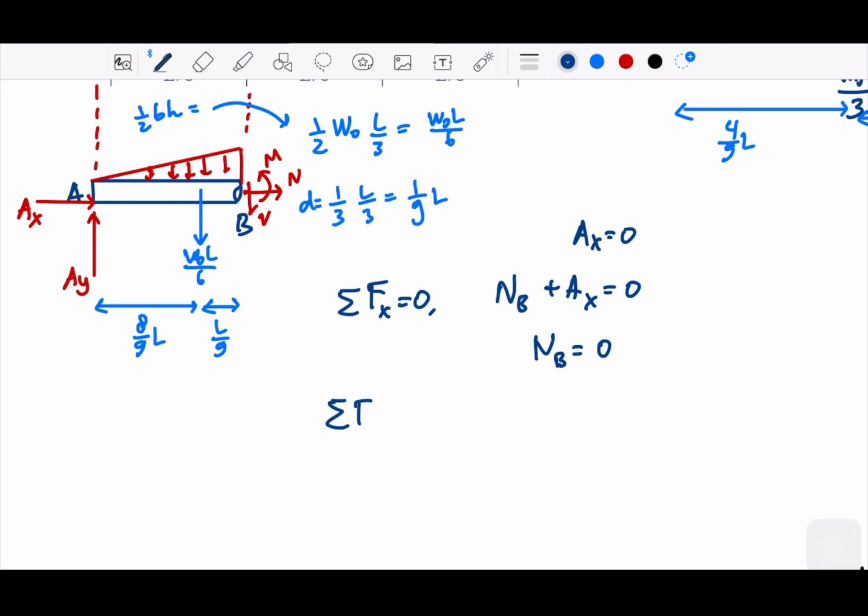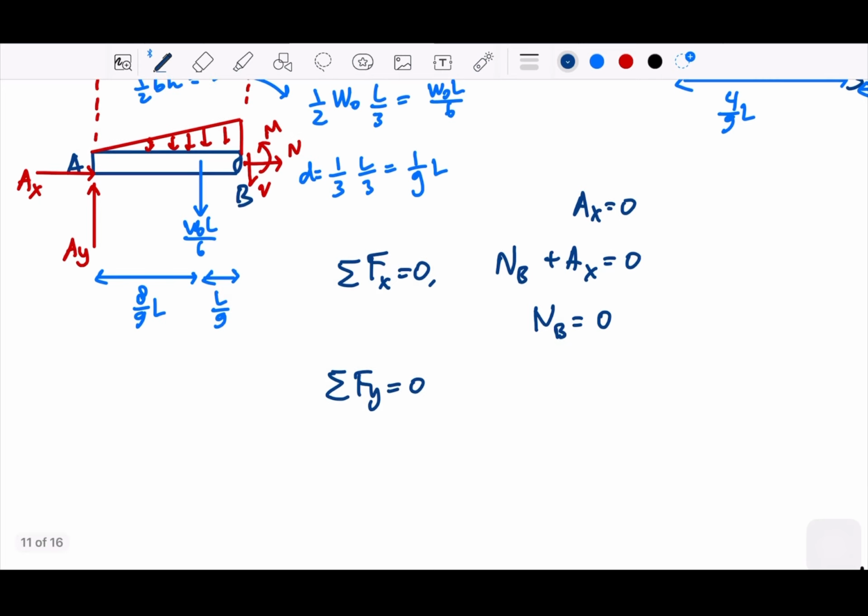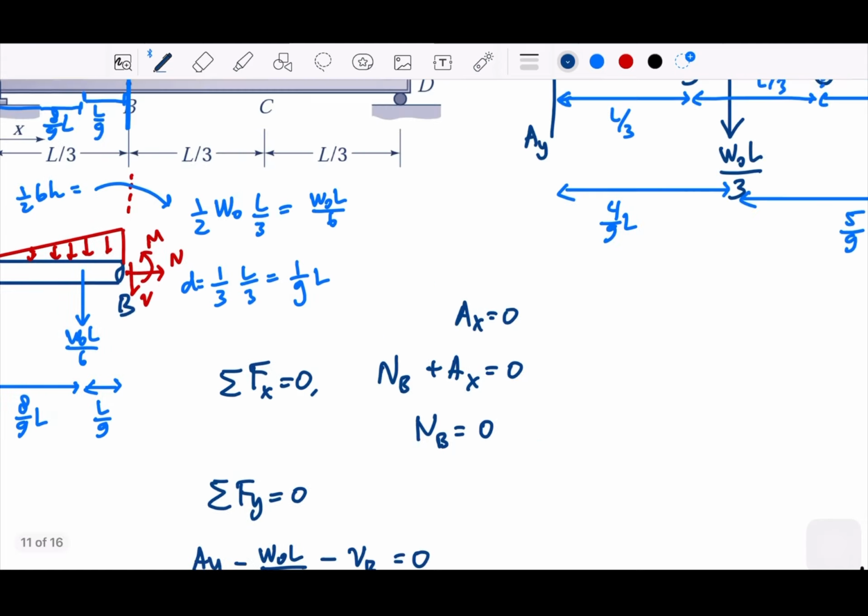And then sigma Fy equal to 0, Ay minus the resultant.